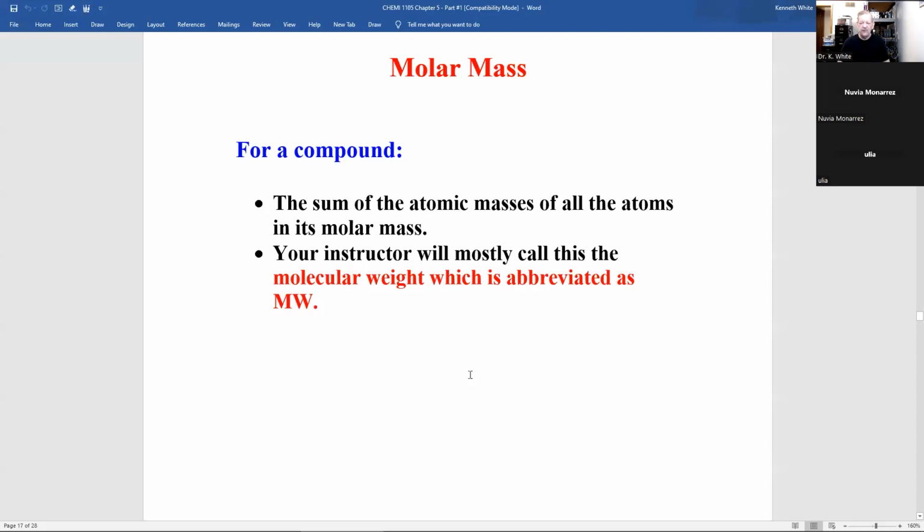And if you look on your screen, we talked about molar mass, otherwise known as what I call molecular weight, and that's the sum of all atomic weights of the atoms in a molecule.